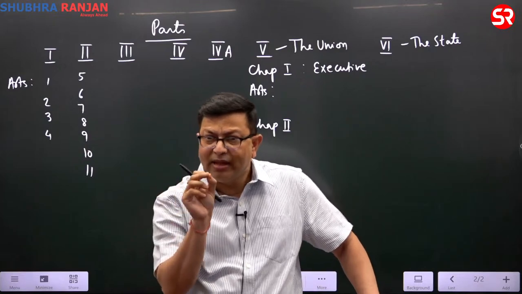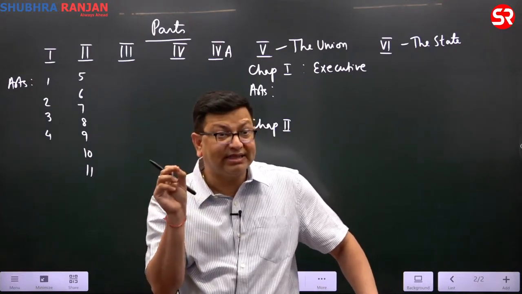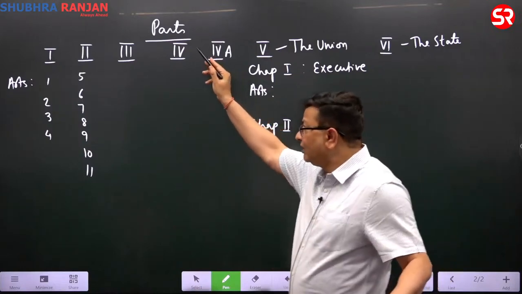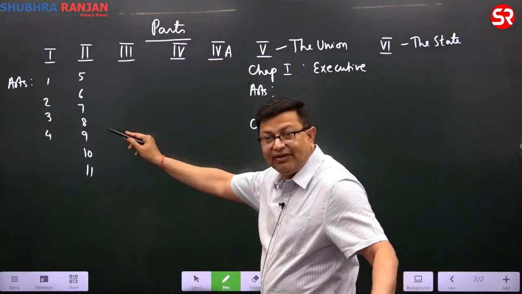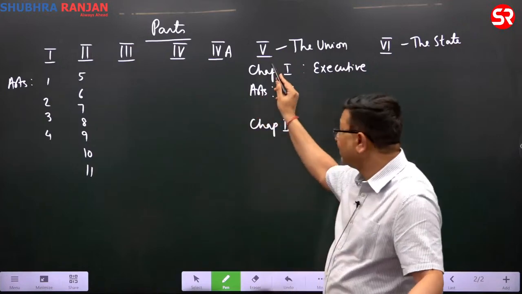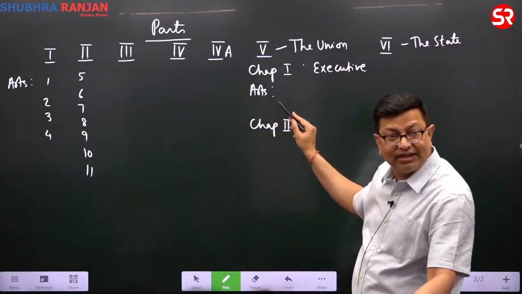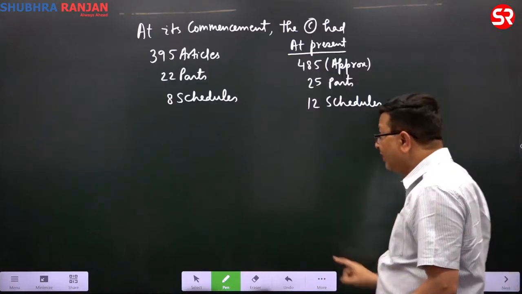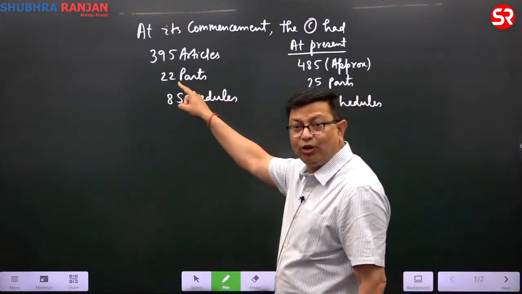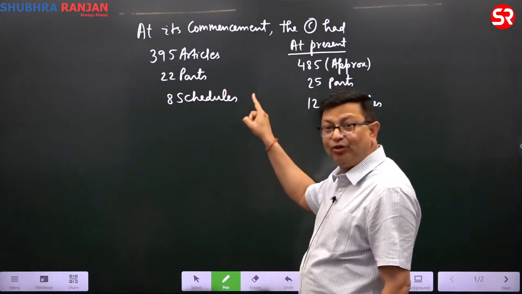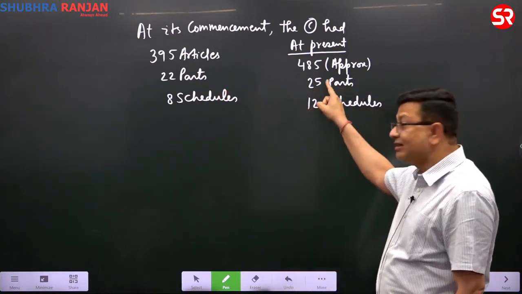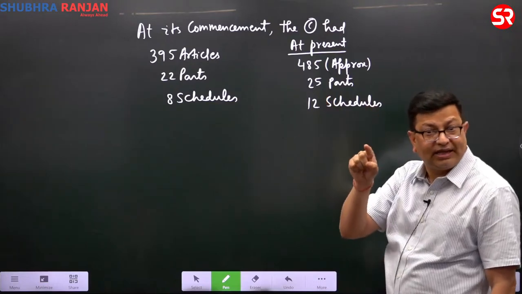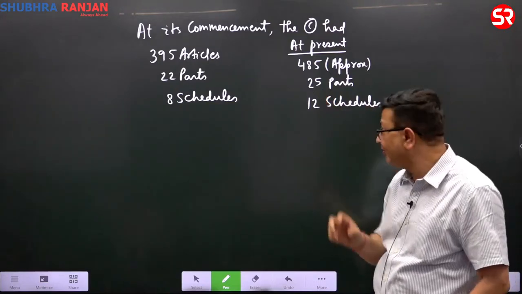Then chapter number 2, the state legislature. So first we have the parts, then the articles, but somewhere we have the parts, then the chapters and then the articles. So originally there were 22 parts and today if we count, there are 25 parts, including 4A and the rest.